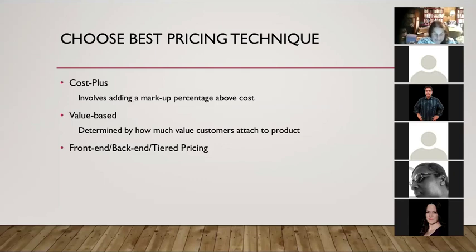Now, when I say total cost, what I'm talking about is, if it's a product that you're selling, whatever the cost of your product plus the cost of your total overhead, and the allocation amount that you're going to apply to that overhead, you're going to add it to this product. And then you're going to set a markup percentage over that cost.